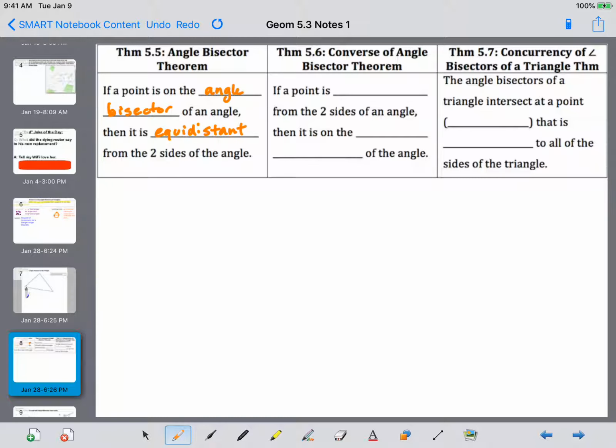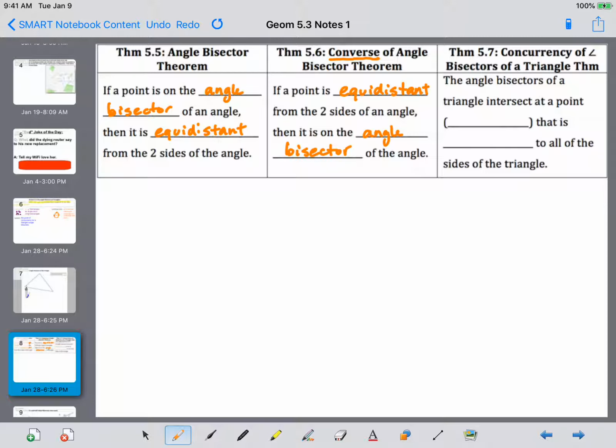We're going to use that and this next theorem in a couple of examples. And it works both ways, so we have the converse of that theorem, which tells us if a point is equidistant from the 2 sides of an angle, then it is on the angle bisector of that angle.